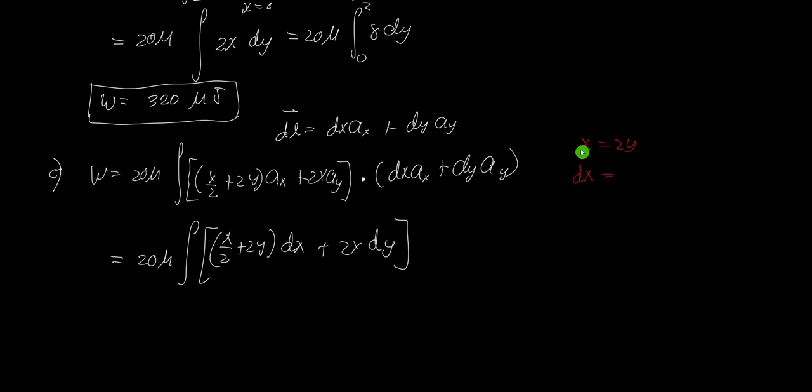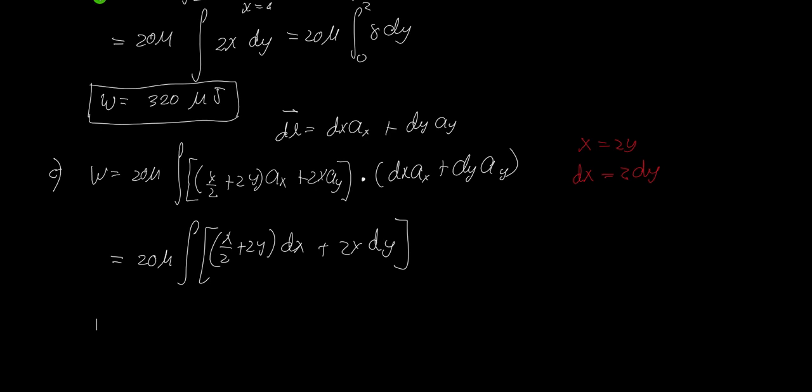I take the differential of x, so this will be 2 times dy. And we can substitute this here so that we only have one differential. Or you can solve for dy so that it will be in terms of dx. So you can do either one of them. It's up to you now.